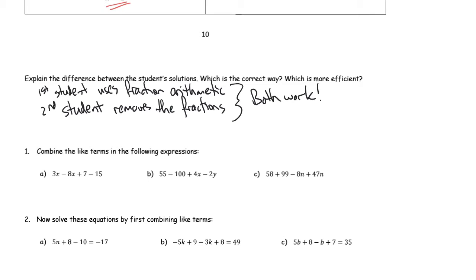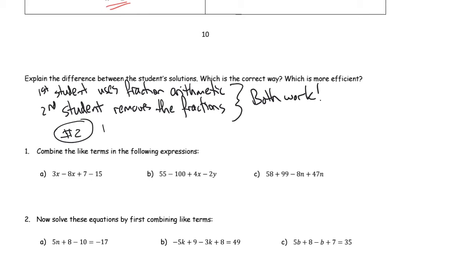Now, which is more efficient? Probably number two. And the more comfortable you get with what number two is doing, the quicker it's going to work. Usually what happens is people are far more comfortable working with nice whole integer values than they are working with fractions.